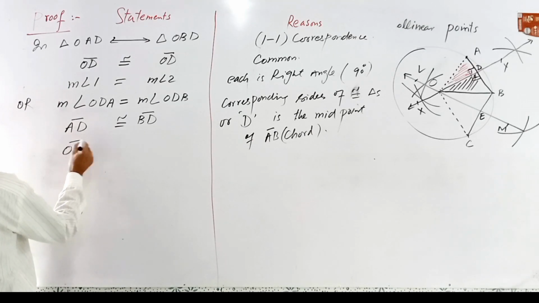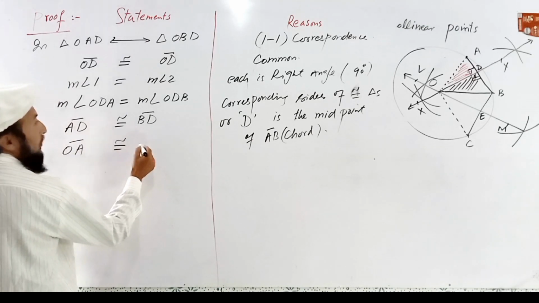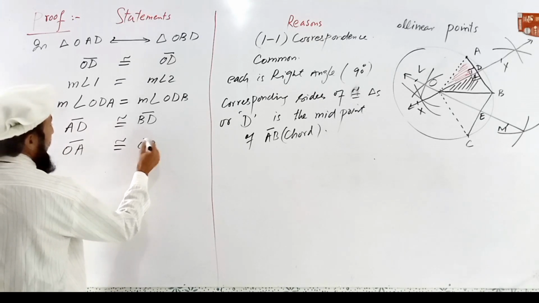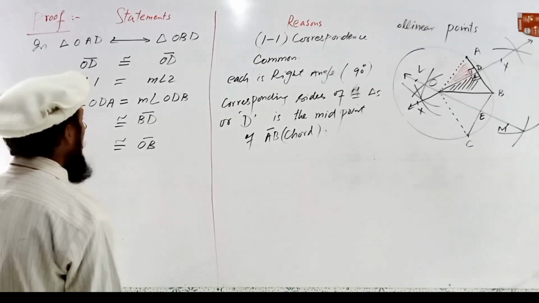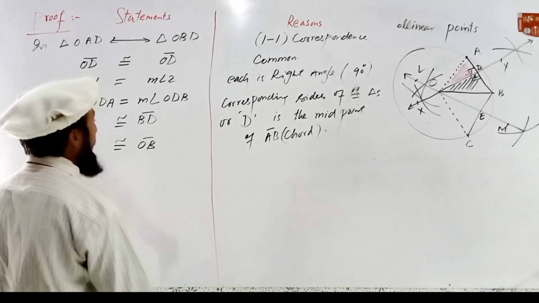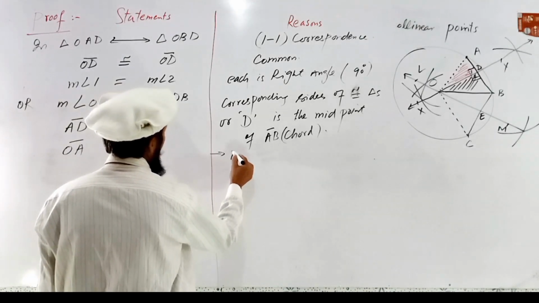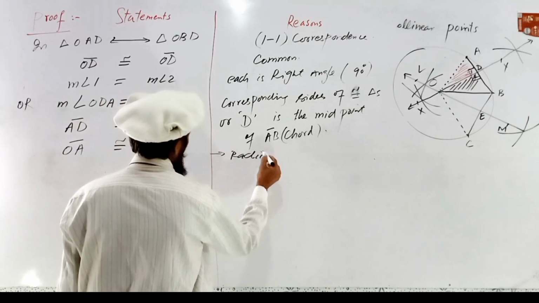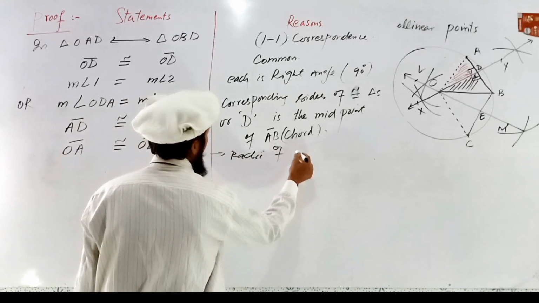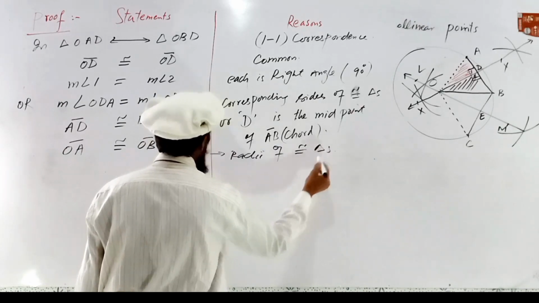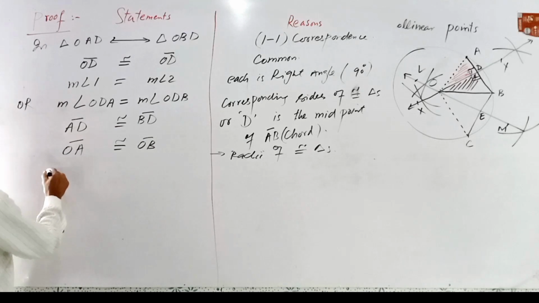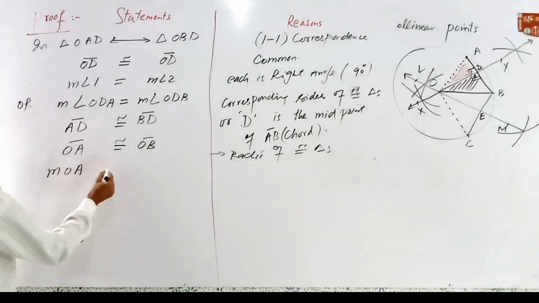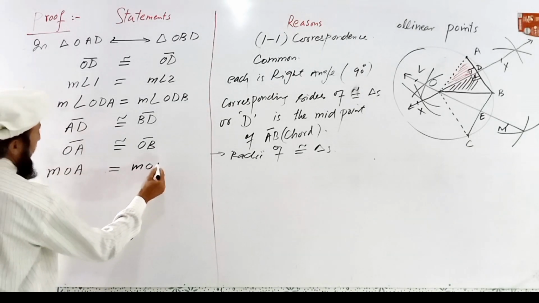OA is congruent to OB, congruent sides of triangle, or we can say radii of the same center, radii of the congruent triangles. So we write measurement OA is equal to measurement OB.